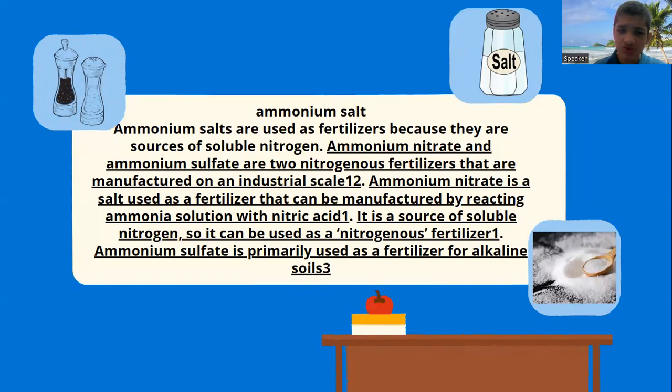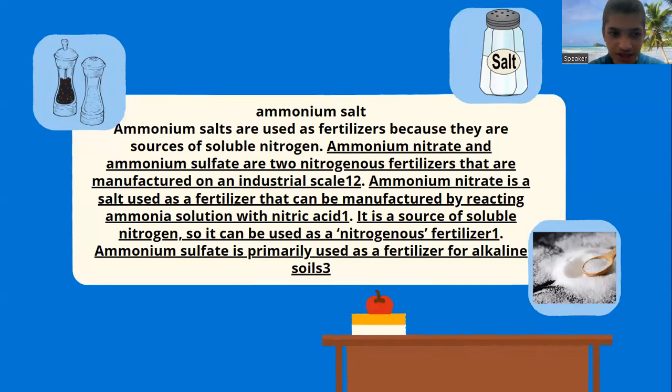Ammonium nitrate and ammonium sulfate are two nitrogenous fertilizers that are manufactured on the industrial scale.